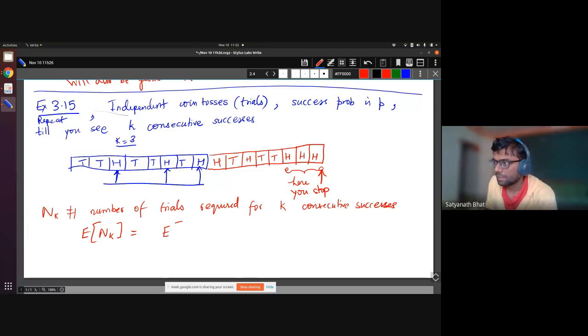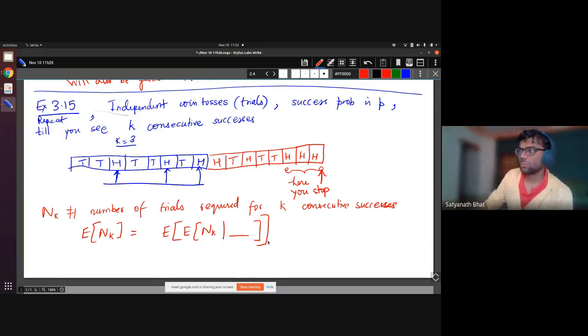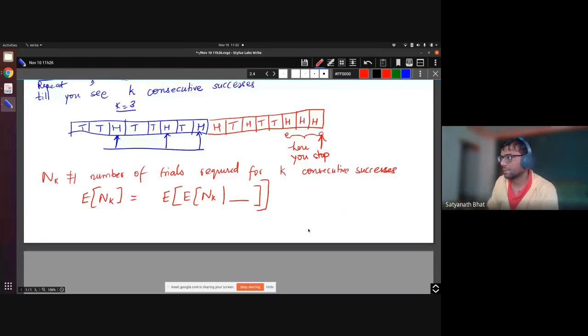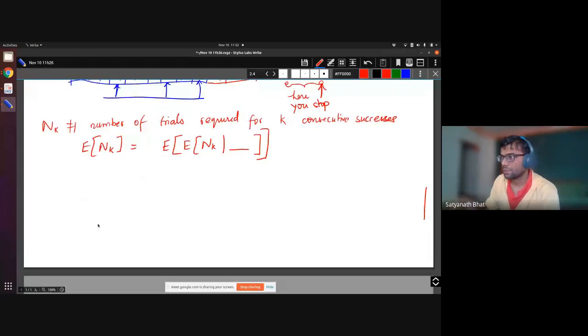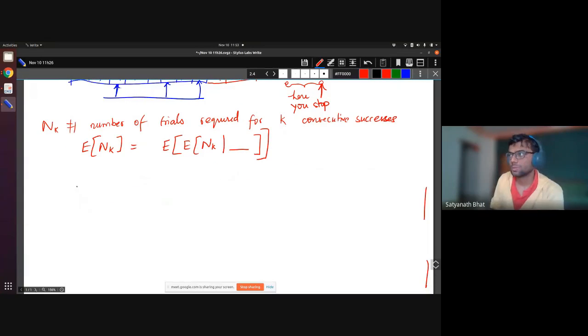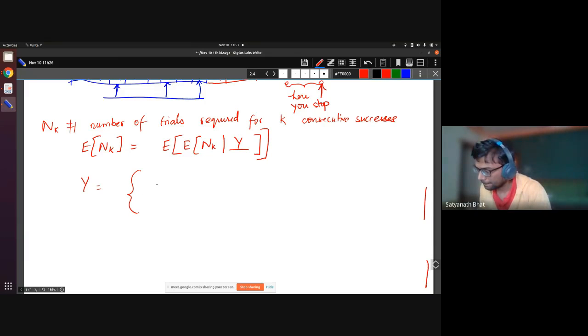This will be the expected value of nk given some event here, and this event we have to specify. So let me condition this on y.